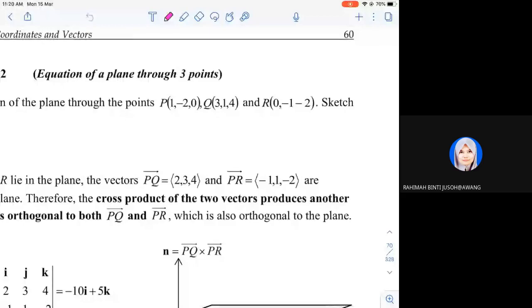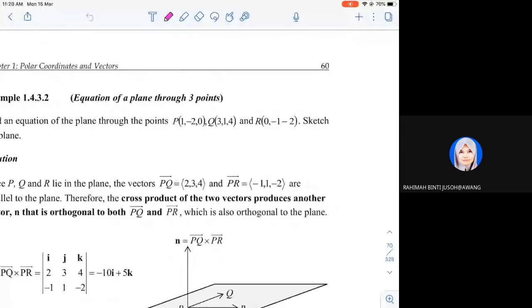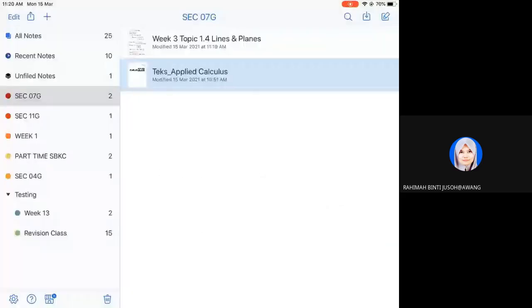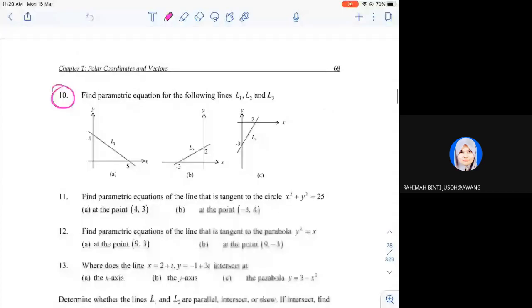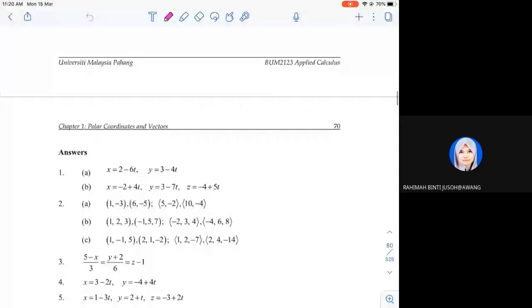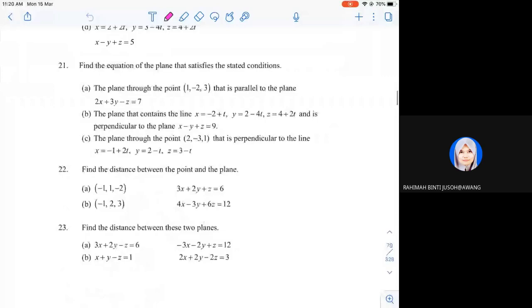Alright, let's look at the exercise, are there any questions with 3 points like this? Okay, like this, question number 19.